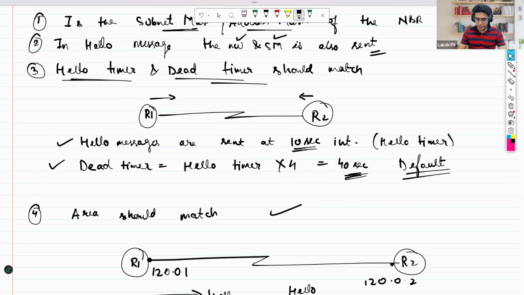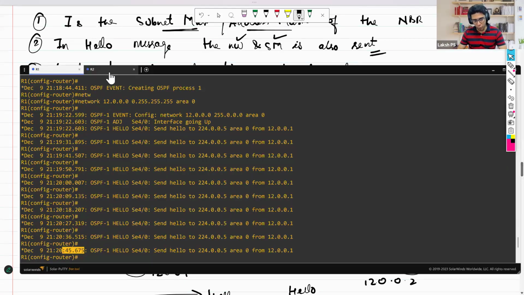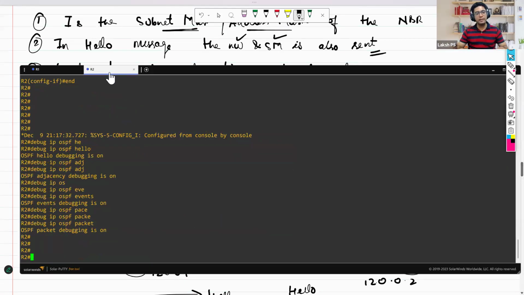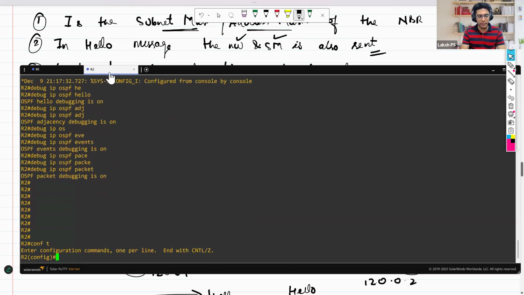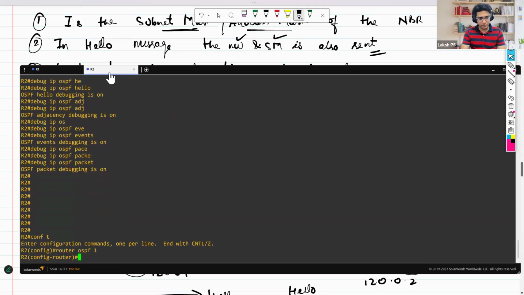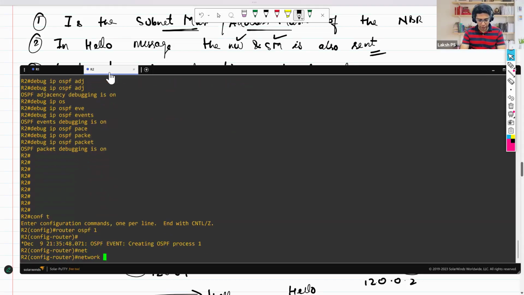Now let me first create OSPF on R2 and let's keep everything at its default. So configure terminal, router ospf 1, network 12.0.0.0 0.255.255.255 area 0.